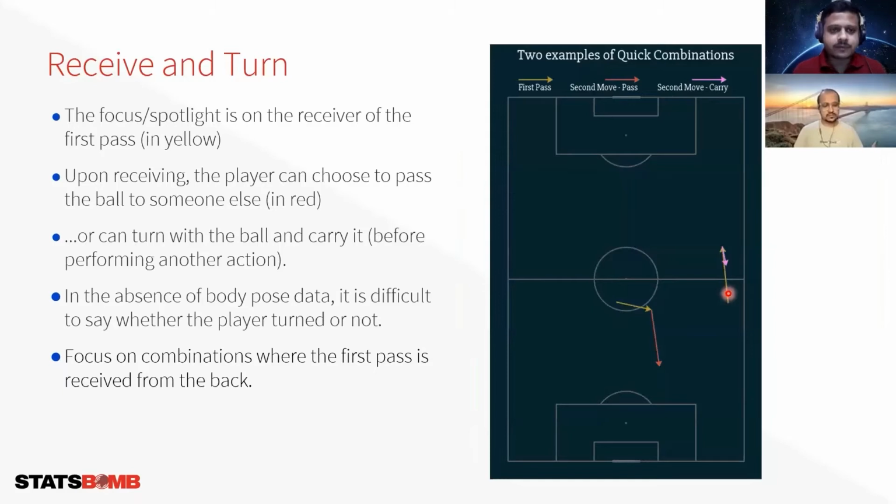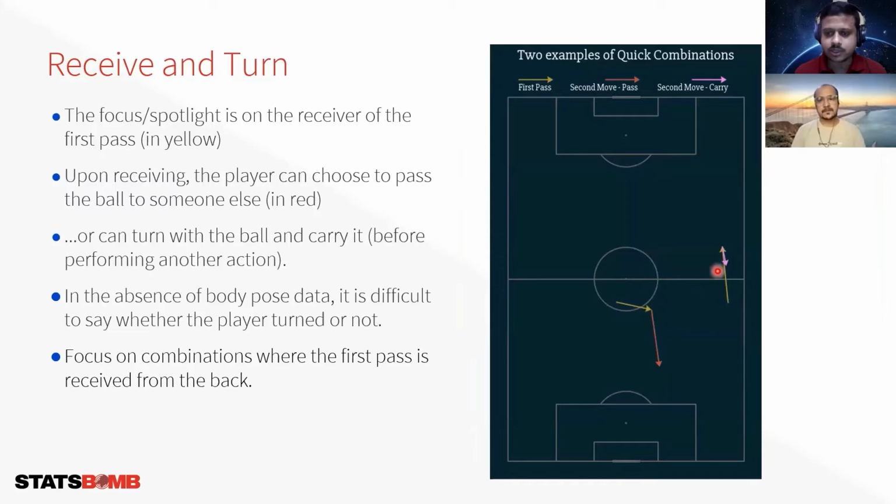All right, so we have chosen to focus on very specific kinds of sequences, or rather sub-sequences of a possession sequence. These involve a pass followed by another pass, or a pass followed by a carry. The focus of the spotlight is on the receiver of the first pass. The first pass is shown here in the two examples in yellow.